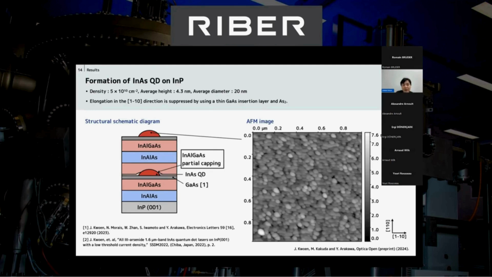Diameter was 20 nanometer. The elongation in the 1-bar-1-0 direction is suppressed by using a thin gallium arsenide insertion layer and arsenic 2.